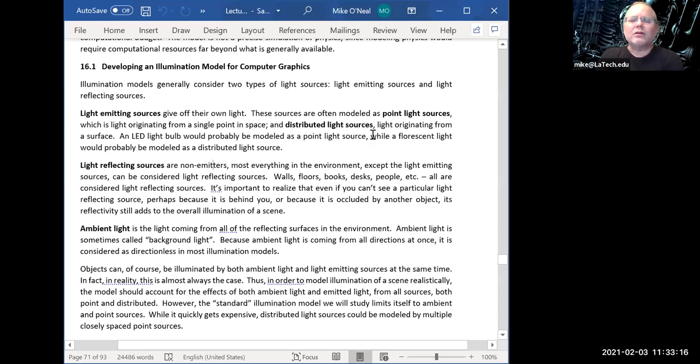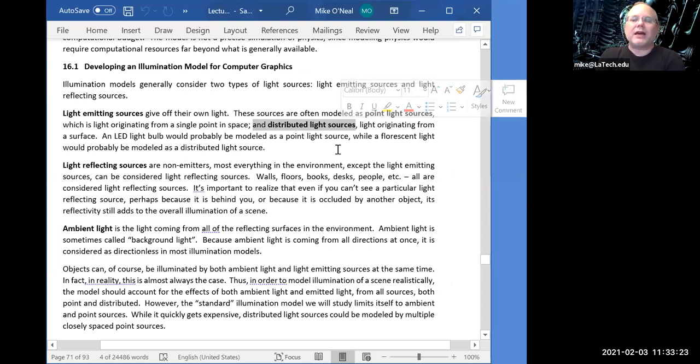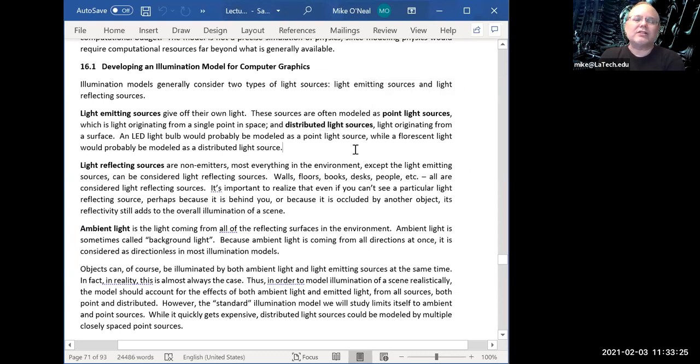Now in the real world, everything is a distributed light source. And by that I mean that the light originates from some surface, whether that surface is the fluorescent light bulb or whether that surface is an LED. In the real world, there's no such thing as a point.